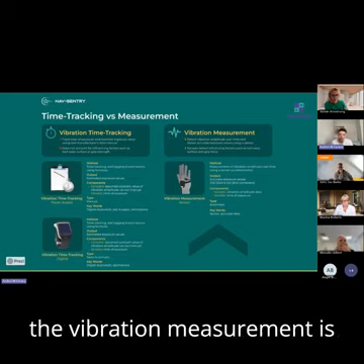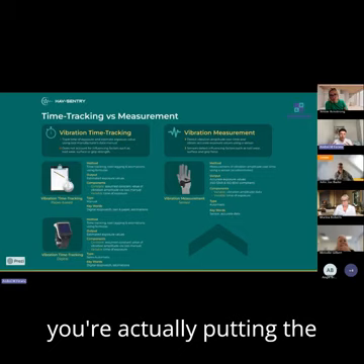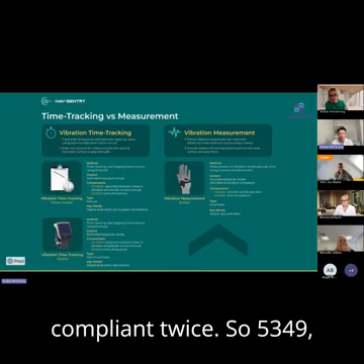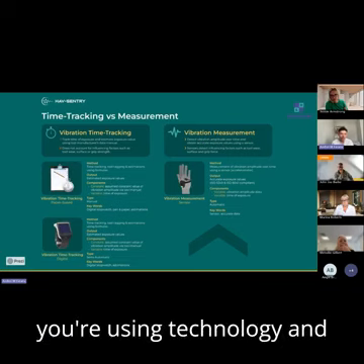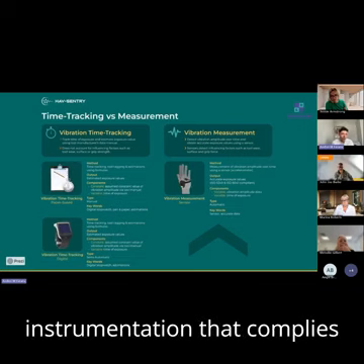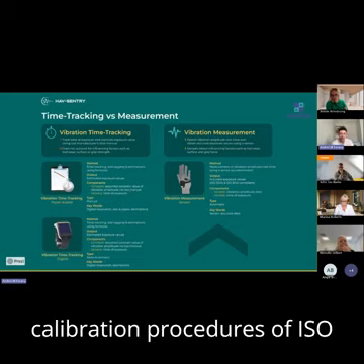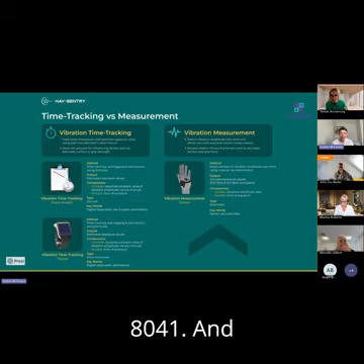And then the vibration measurement is you're actually putting the sensors in the right place, compliant to ISO 5349. You're using technology and instrumentation that complies with the relevant standards and the calibration procedures of ISO 8041.